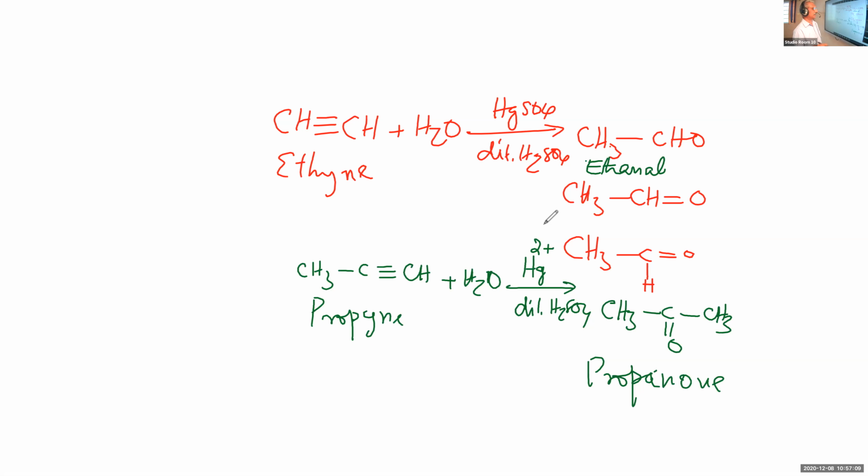More details we can study next year. Propanone or acetone is a ketone. See, in the first compound, there is formation of the aldehyde group. And in the second compound, there is formation of the CO group, ketone. So aldehyde or ketone is formed when water is added to an alkyne in presence of mercuric sulfate, HgSO4.